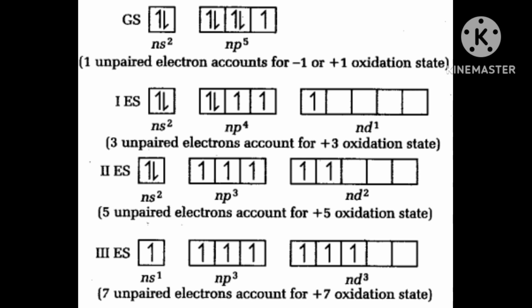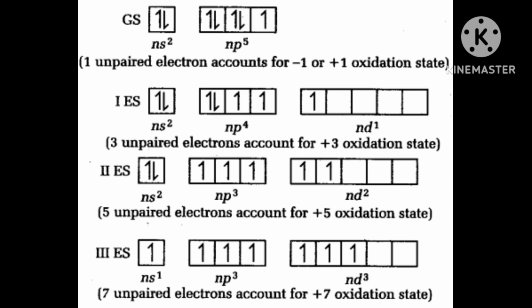Correct? Now all 7 electrons are adjusted: ns2 and np5, with px2, py2 and pz1. And the d orbitals, that is nd, are vacant. Here there is one unpaired electron in the p orbitals.